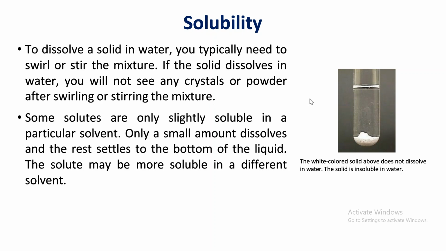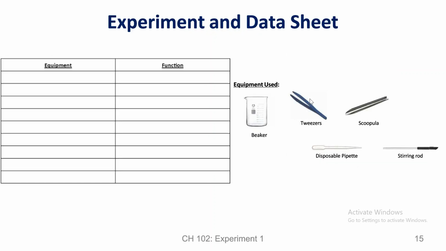But if you kept adding more and more sugar, eventually it will settle to the bottom because every liquid has a maximum amount of solute that you can dissolve into it, and it's called the saturation point. It's like a limit. You can only dissolve a certain amount of solute before the rest settles out to the bottom as precipitate, which we're going to talk about later.